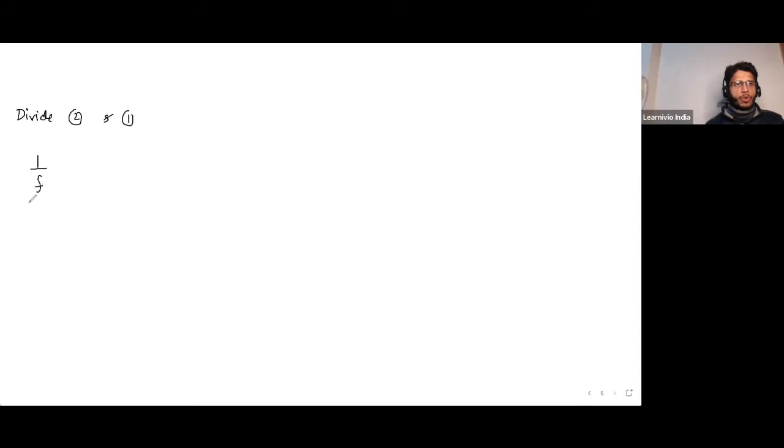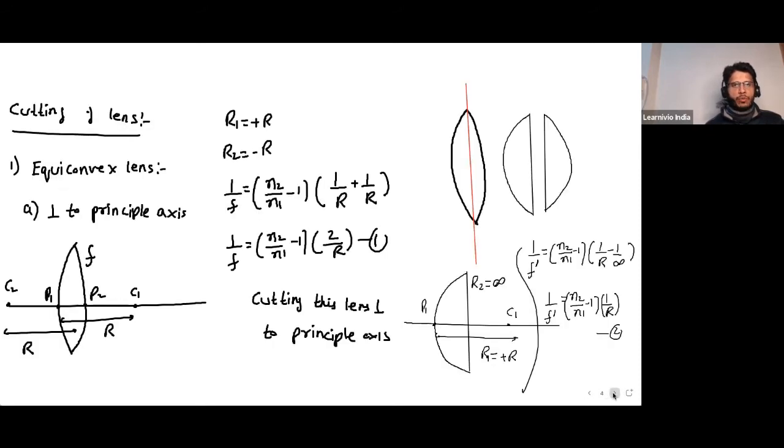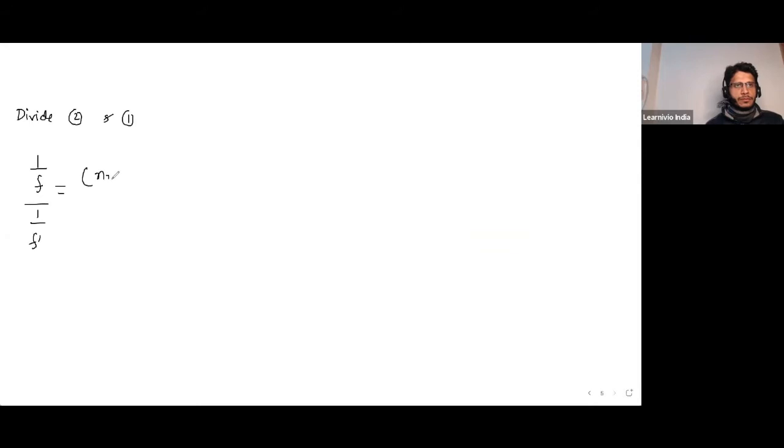So when you divide them, 1 by F divided by 1 by F prime is N2 by N1 minus 1 multiplied by 2 by R, divided by N2 by N1 minus 1 into 1 by R. This will cancel this. This will cancel this. So you have F prime by F is equal to 2.